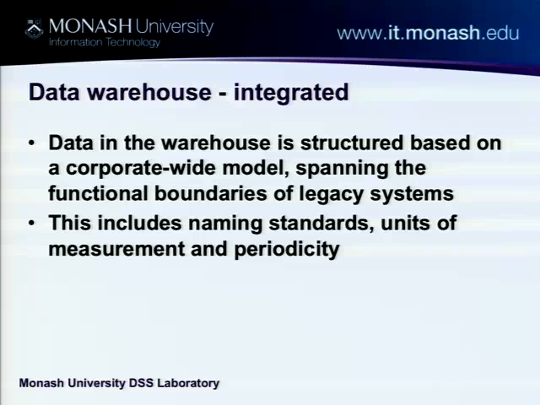Another system may have the full name of the state, so Victoria, Tasmania, and so on. So when you're bringing that data together, you need to be able to identify the fact that the 3-letter string TAS is exactly the same real-world concept as, how many letters are in Tasmania? Whatever length string Tasmania is in another system, you need to be able to integrate those often disparate data structures and data formats together in the data warehouse.